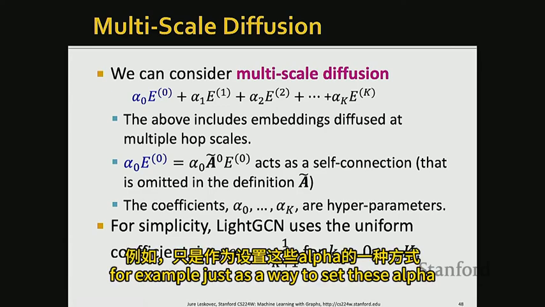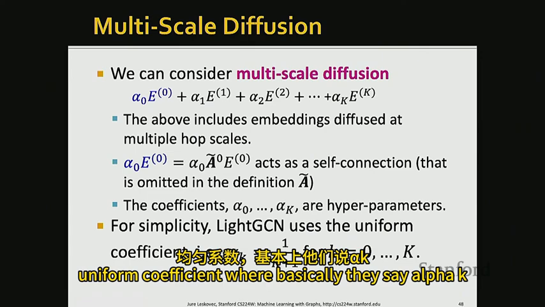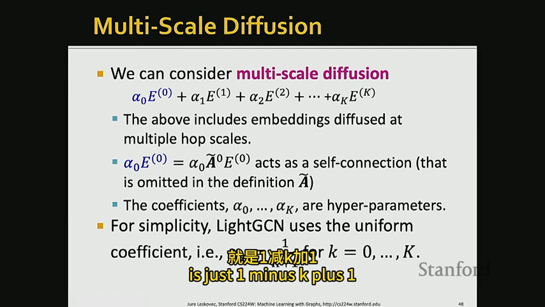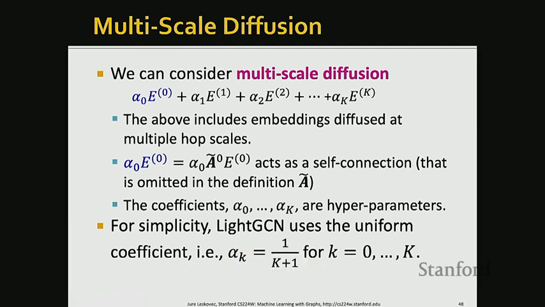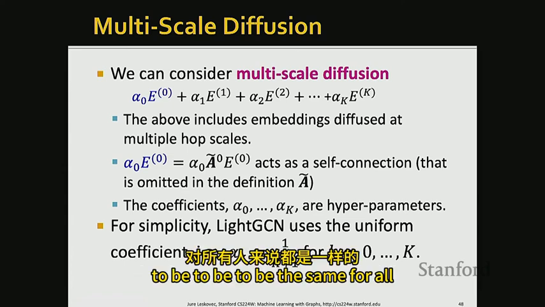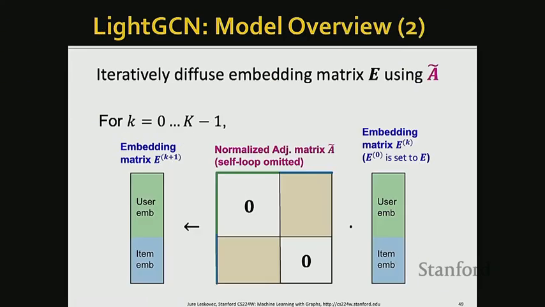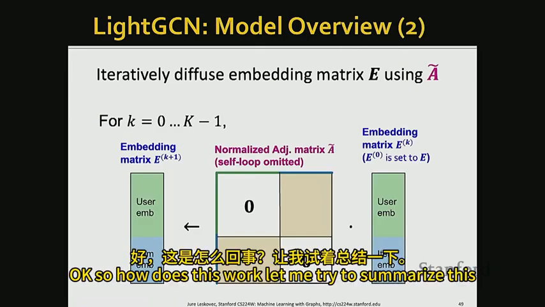For example, as a way to set these alpha parameters, LightGCN uses a uniform coefficient, where basically alpha k is just 1 over K plus 1. So here they would set the alpha to be the same for all alpha 0 to alpha capital K. Okay?